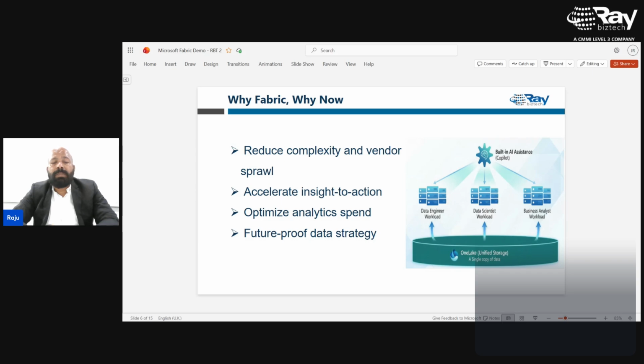Instead, the data is being shared by multiple teams, and in that way you can accelerate insight to action, optimize the analytical spend, and future-proof your data strategy. OneLake runs on a single source of truth with AI abilities.